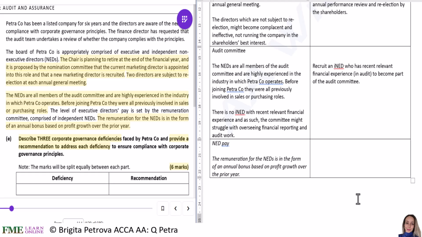So the NED pay, we said the problem is that the NEDs are paid based on the profit.